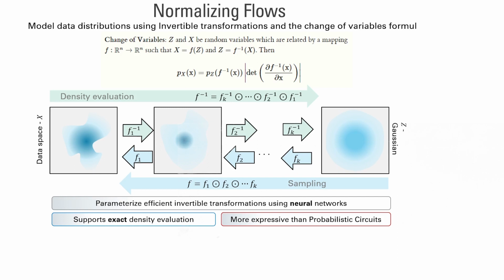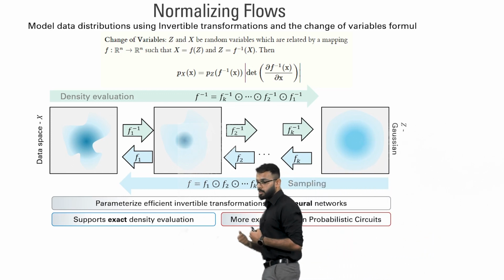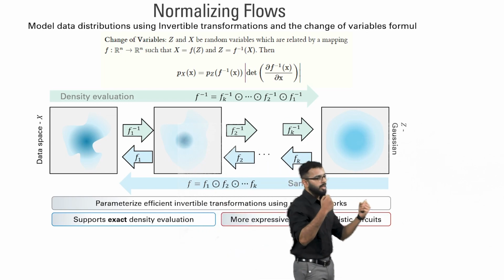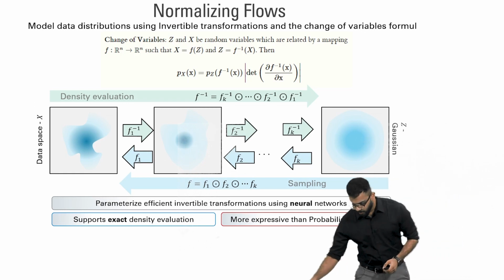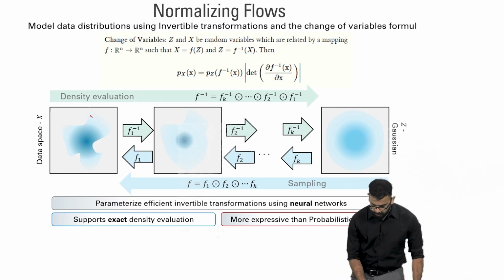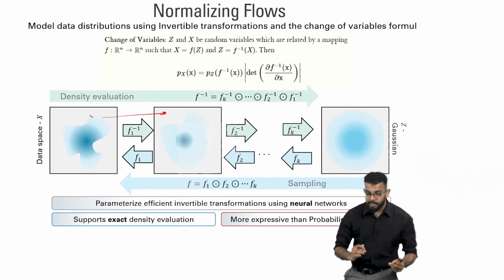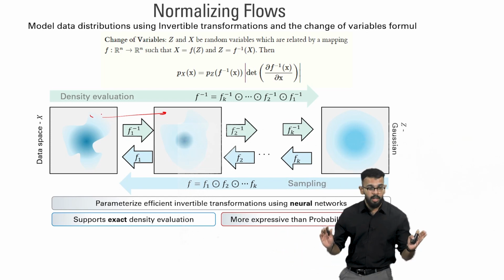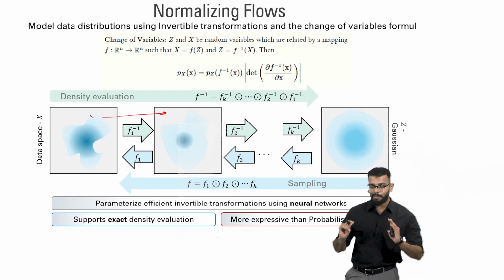Now, if I were to tell you there is some transformation, I do not know what it is, some way I can warp the space in which your data lies, so that I can slowly convert it into something that looks like a Gaussian. So I'm starting with my data space, and applying some transformation to change it slightly at different parts until it looks like a Gaussian. I'm not telling you how you do that, or whether you actually can, but just imagine you can.